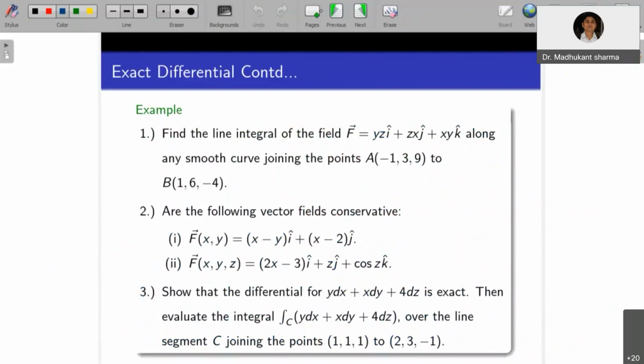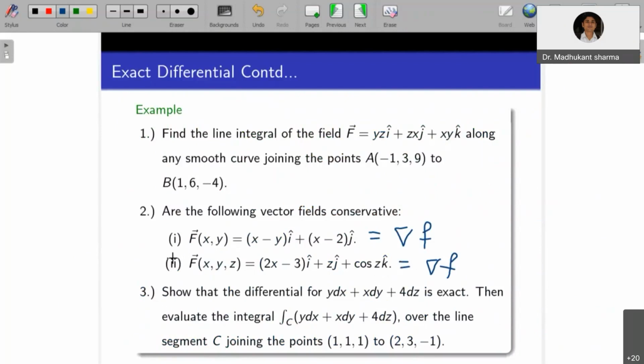Now, the second problem is: are the following vector fields conservative? So your job is to identify whether this relation is possible or not, for some grad f, some scalar valued function. So I'm going to do any one of them.